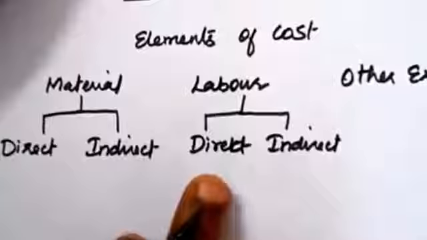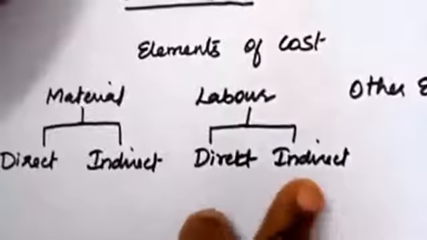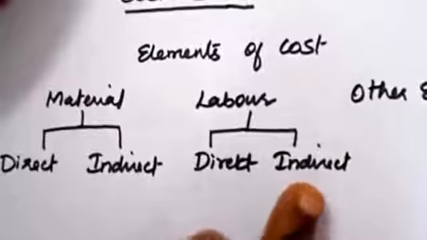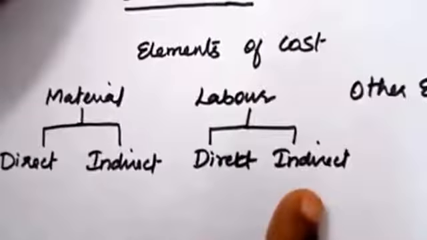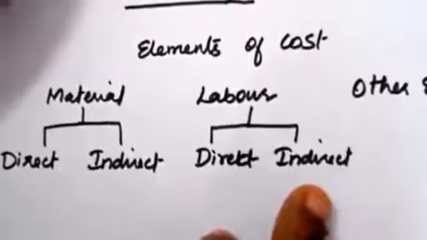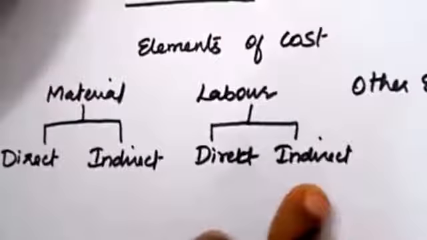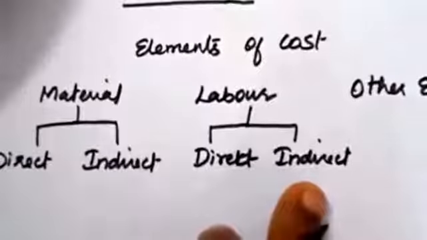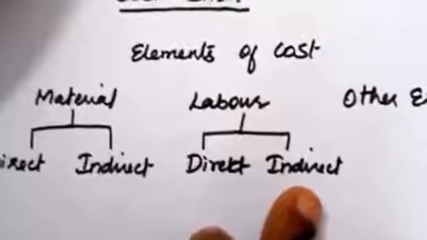They are directly involved in the production process. Indirect labor cost means the employees in the organization who do some work and are also entitled to get salary from the company, but are not directly involved in the production process. That wage or salary comes under indirect labor.